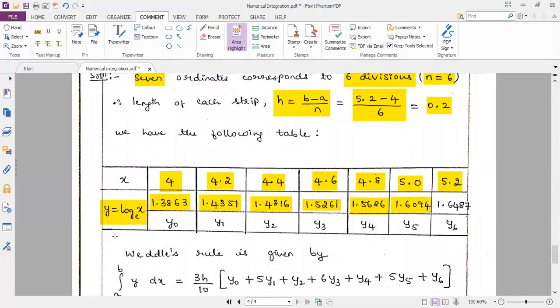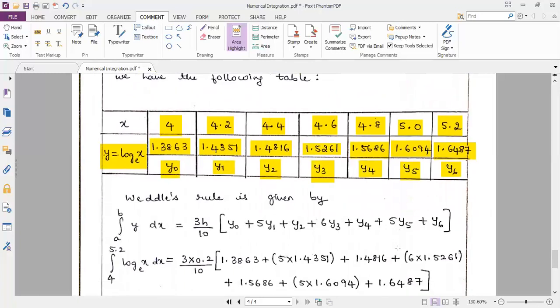And lastly, log of 5.2 to the base e is 1.6487. These are the values of y for the x values. Each of these values of y, called ordinates, we denote respectively by y0, y1, y2, y3, y4, y5 and y6. Observe, for n is equal to 6, we have 7 ordinates.